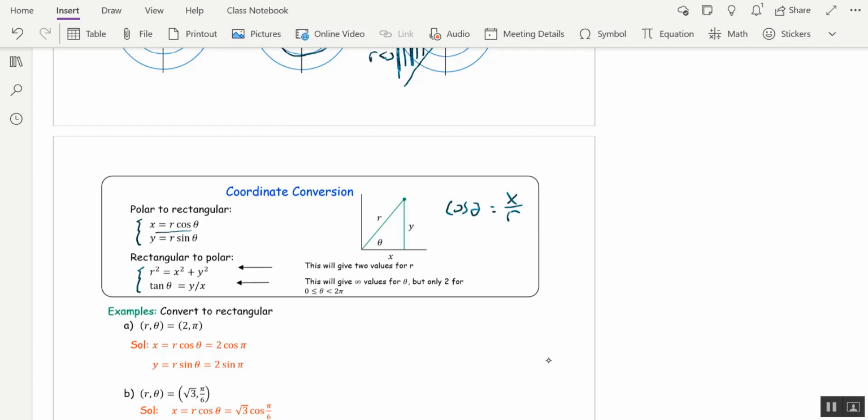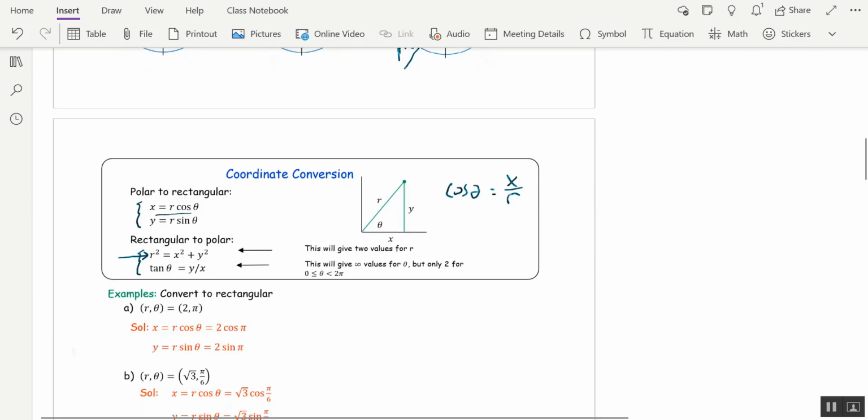Similarly, you can get y equals r sine theta. This equation, r squared is x squared plus y squared, is just the Pythagorean theorem. And then tangent theta is y over x. That's going to give you theta.